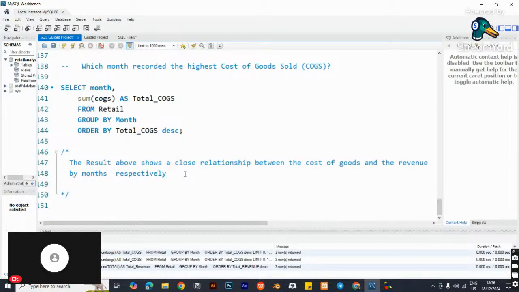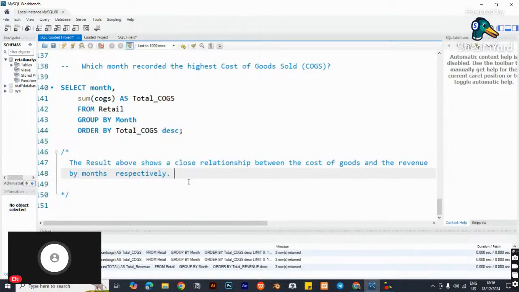That means you can predict with so much certainty that if the cost of production increases, then we would have more revenue. That's a relationship. You get to visualize this and understand it better using a scatter plot. A scatter plot is used to check the correlation between two or more numeric values. All right, so this is what I mean by there's a close relationship by months respectively.